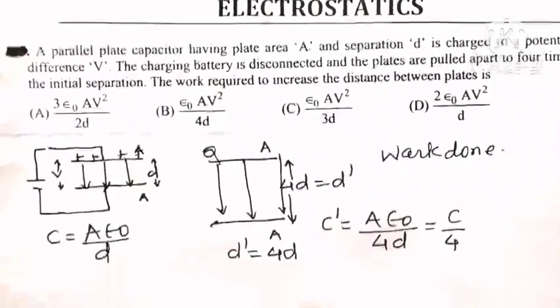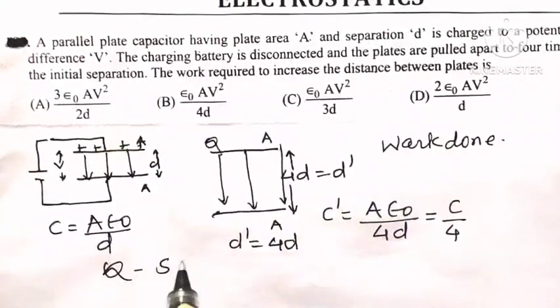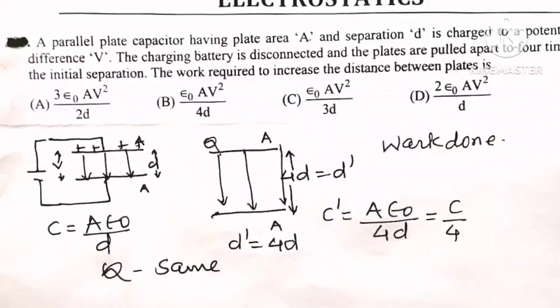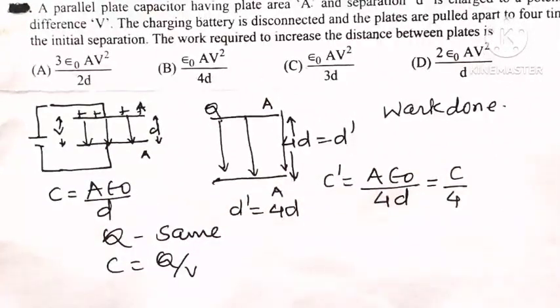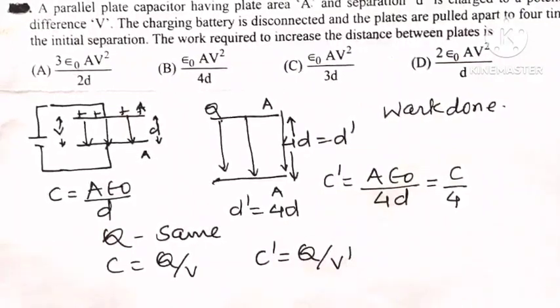As charge Q remains the same, and we know C is equal to Q divided by V, here C dash is equal to Q divided by V dash.